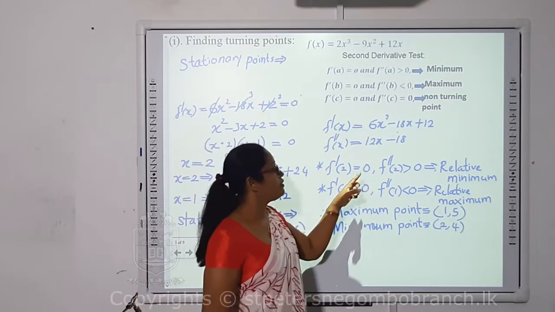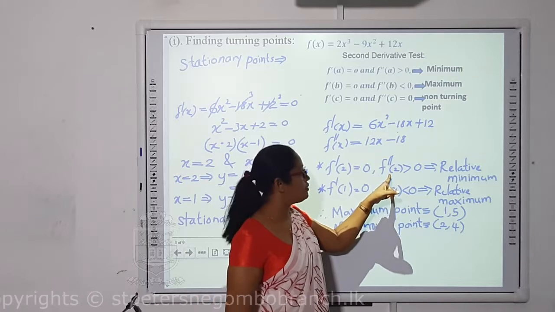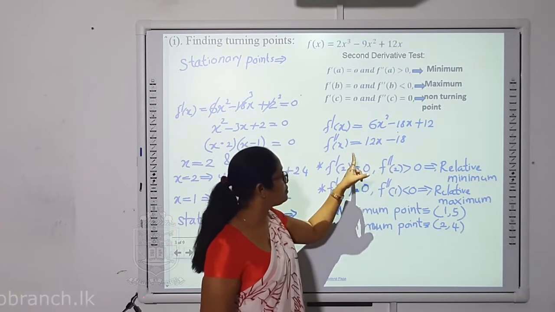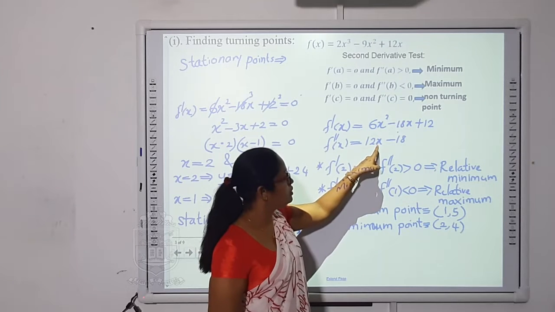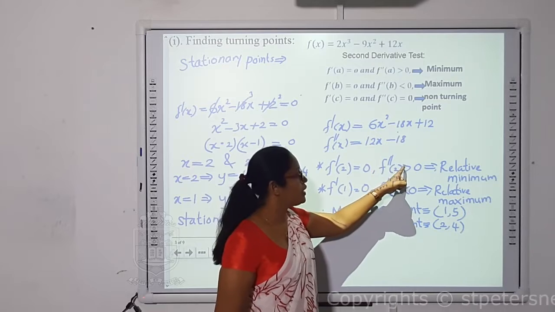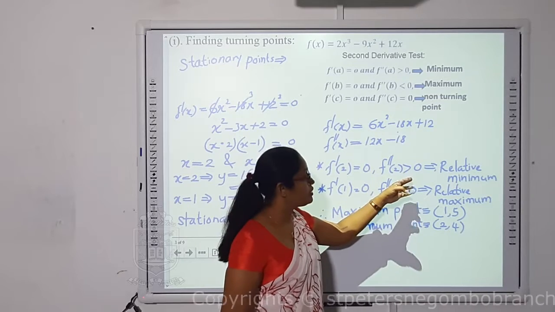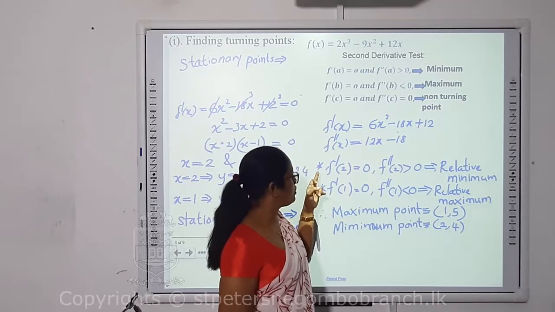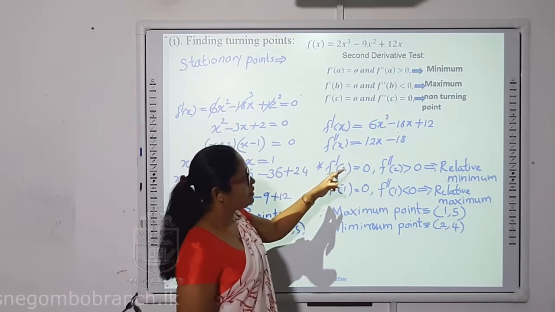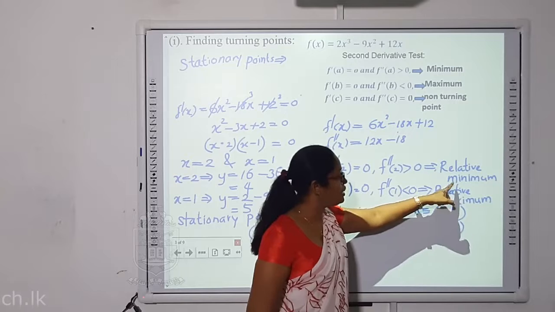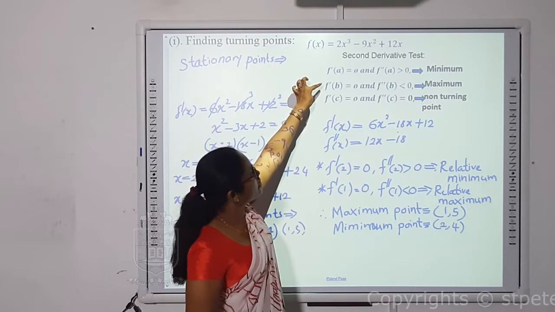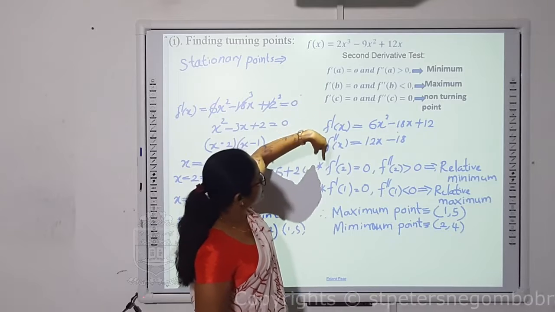And to apply the second derivative, f double dash 2, I just put 2 here, right? Here we just check the sign. Just try this, you will get a positive answer. So from this, we can conclude that the function has a relative minimum at x equals 2 according to the second derivative test, right? So what is the relative factor here?